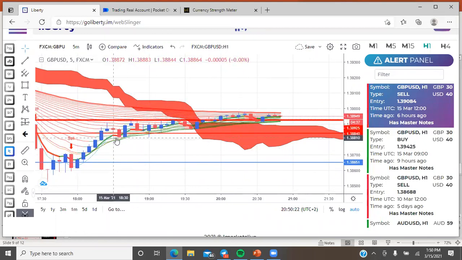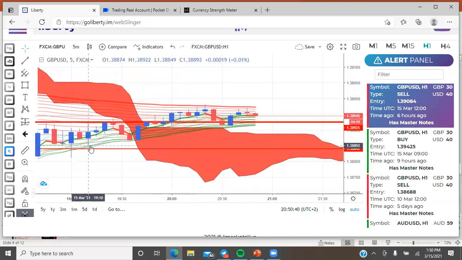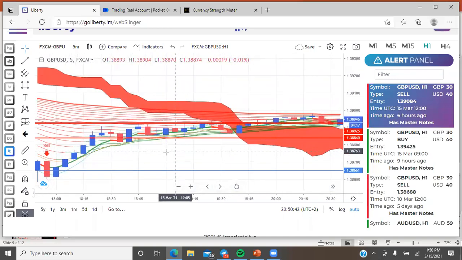Mm-hmm. Because the market isn't formed yet. Like I said, Web Slinger is a market. It's going to let the market breathe. Ned said all the time, let the market breathe. That's why sometimes the majority of the people really don't get on his trades, because he trades 15-minute trades sometimes. So right here, the market is in major consolidation, as you can see that green line, right?